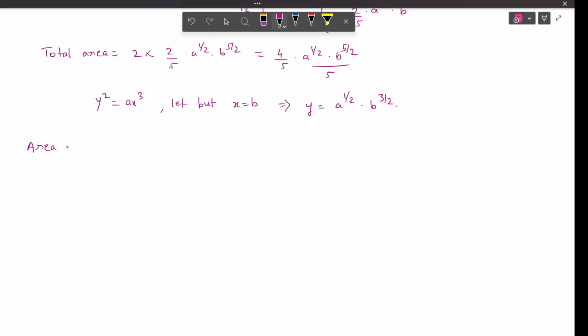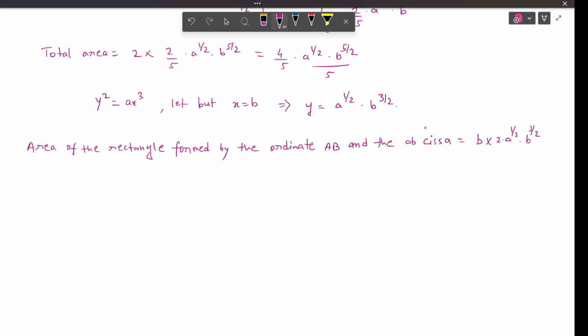This is the area of the rectangle. So the area of the rectangle formed by the ordinate AB and the abscissa is b into 2a to the power half into b to the power 3 by 2.